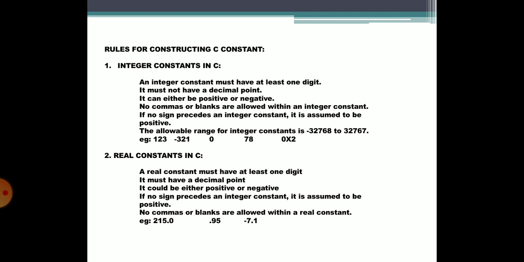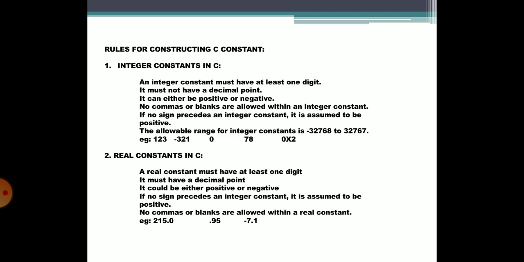Real constants: the quantities that are represented by numbers containing fractional parts, like 17.548, are called real or floating point constants. A real constant must have at least one digit. It must have a decimal point.